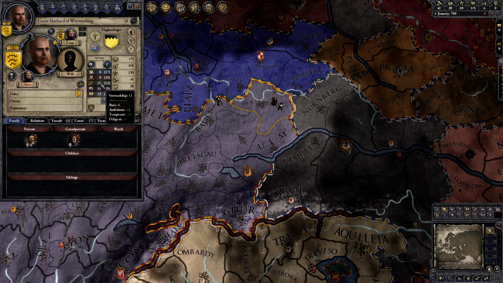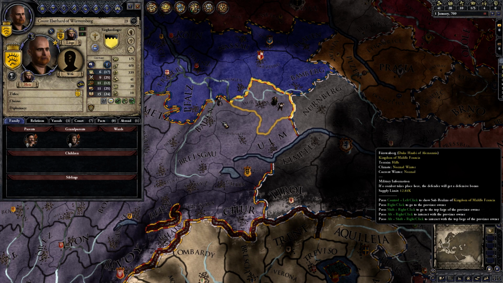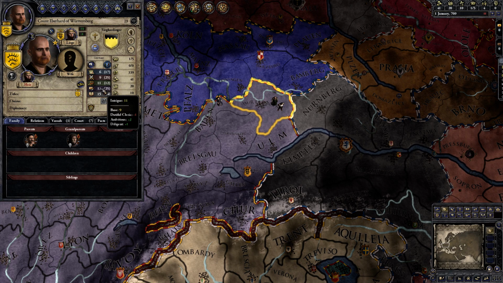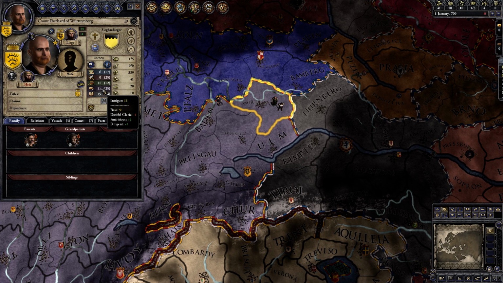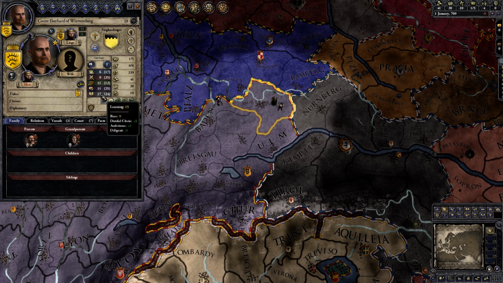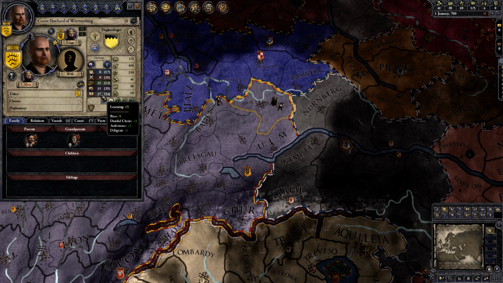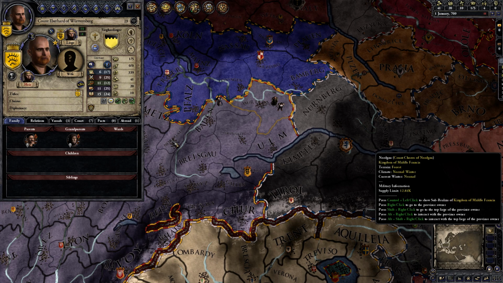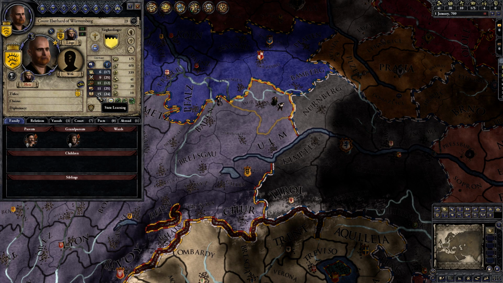And then stewardship, which means how good he is at getting money, governing the realm, and stuff like that. Intrigue is how good he can plot against other people, and how good other people can plot against him. And learning, how good he is in thinking capacity, which will help improve your country.